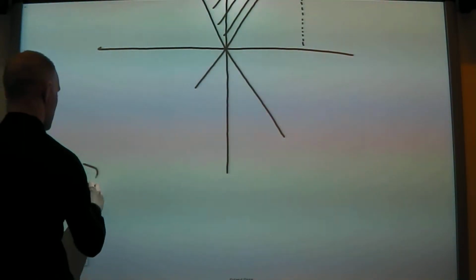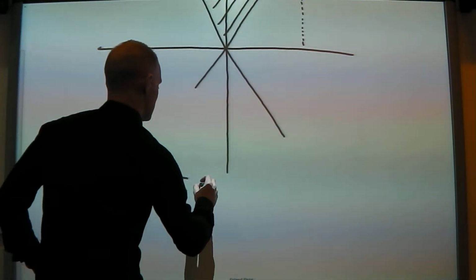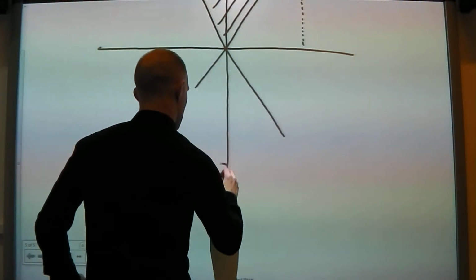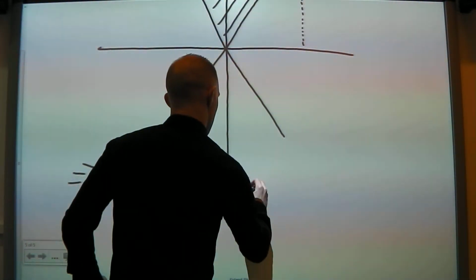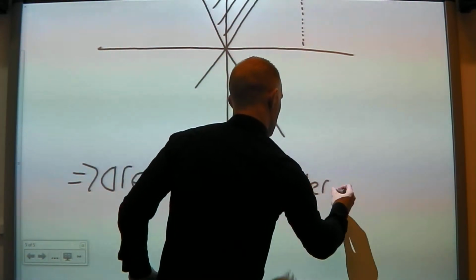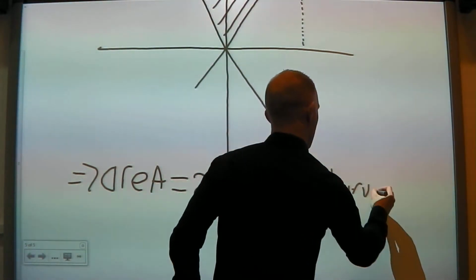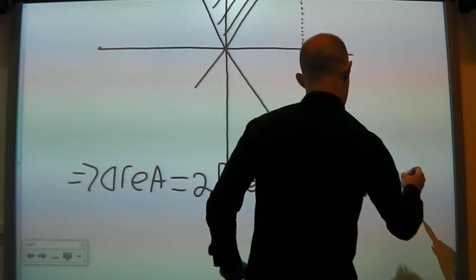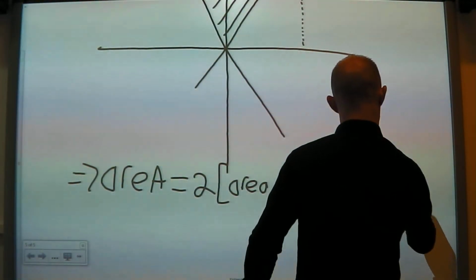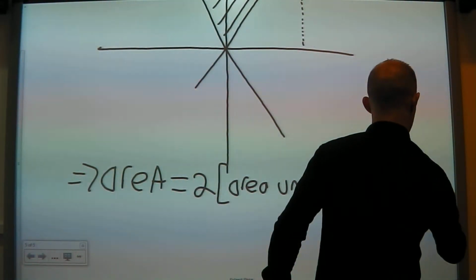Just write it down in English first: the area is equal to twice the area under one curve, minus twice the area of a triangle.